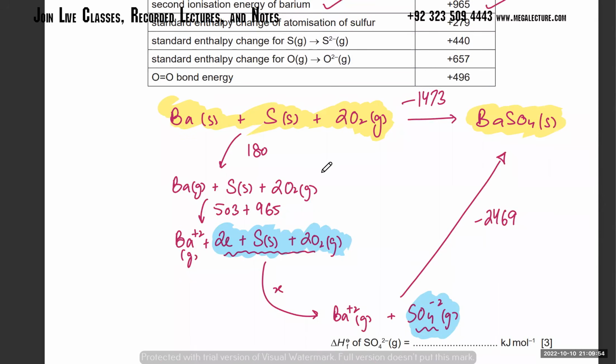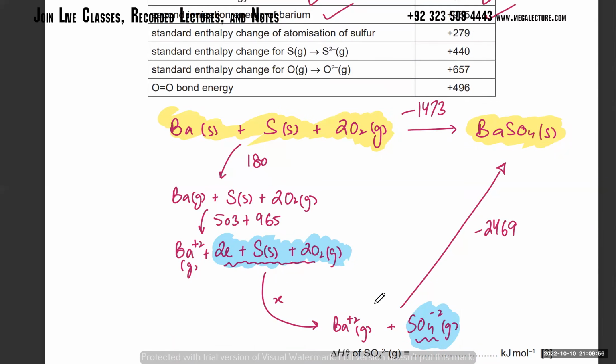Actually, I would have gotten stuck if I had tried to draw the whole Born-Haber cycle, because this thing had to be incorporated. So anyways, one path is equal to the other path. That's path number one, call that P1, and that is path number two.